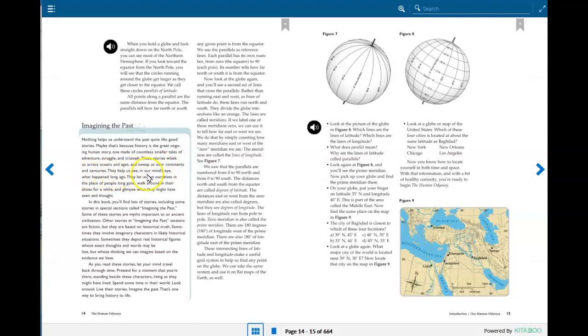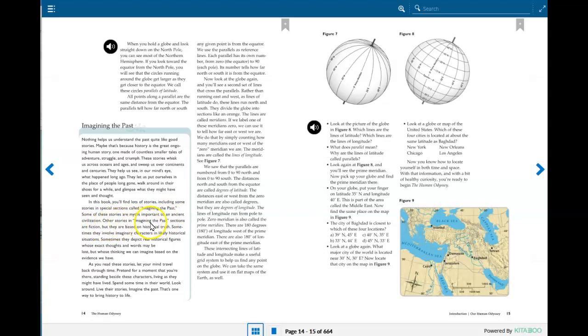They help us see in our mind's eye what happened long ago. They let us put ourselves in the place of people long ago, walk around in their shoes for a while, and glimpse what they might have seen and thought. In this book, you'll find lots of stories, including some stories in special sections called Imagining the Past. Some of these stories are myths important to an ancient civilization.